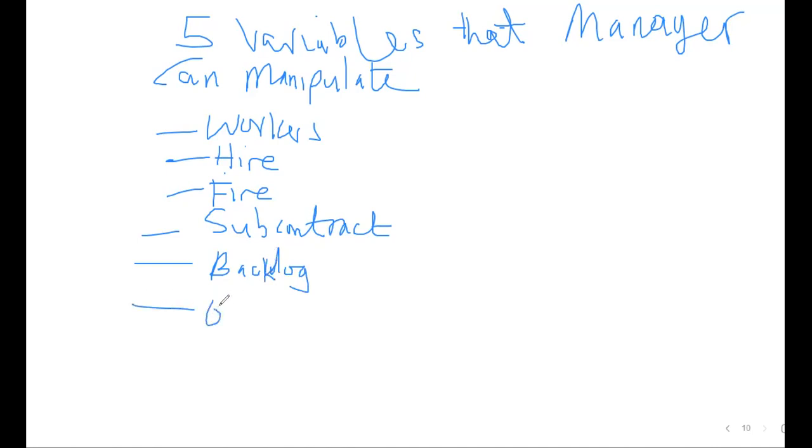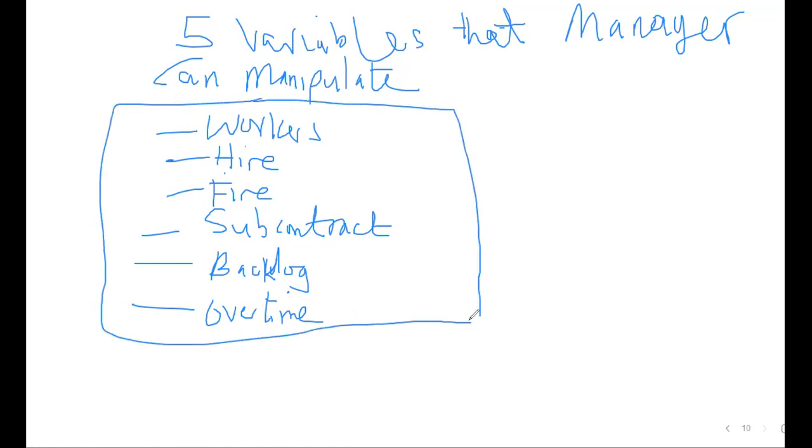They can allow overtime. So these are some of the five factors that management can manipulate. They can hire and lay off. All right. They can manipulate the workforce by hiring and firing. Okay, so this is about what we have.